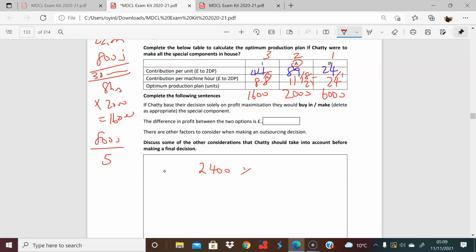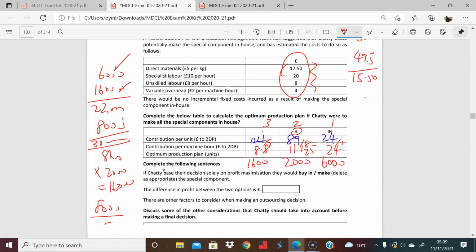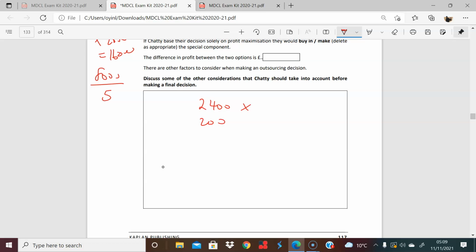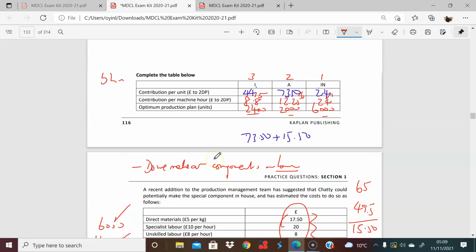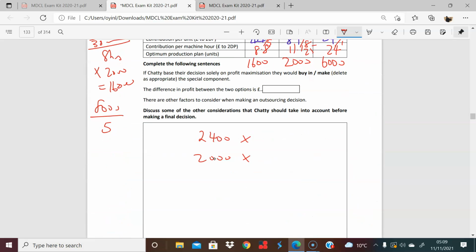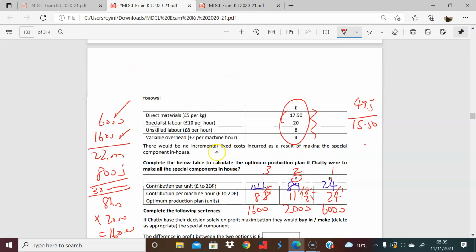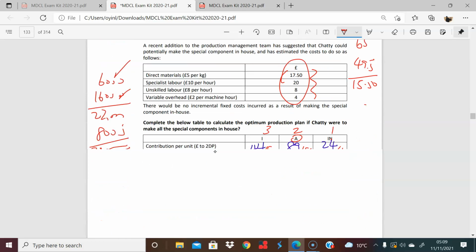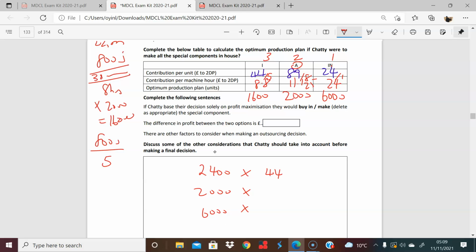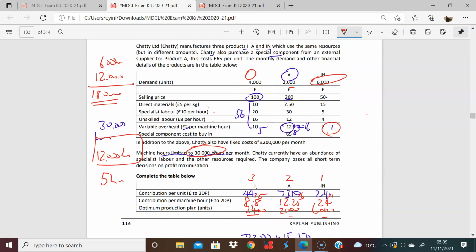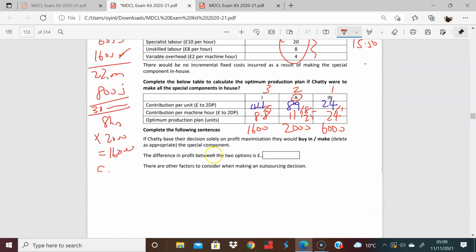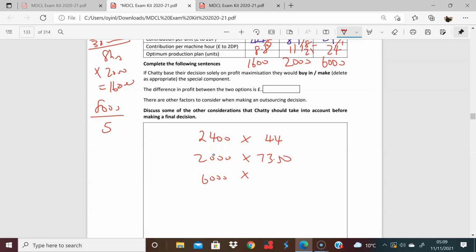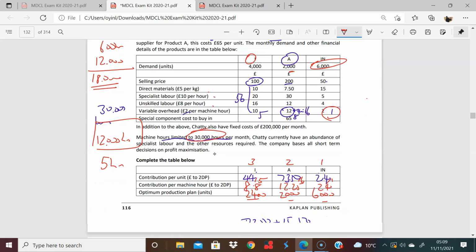So option 1 would have been 2,400, 2,000, and finally 6,000, with 44, 73.50, and 24.